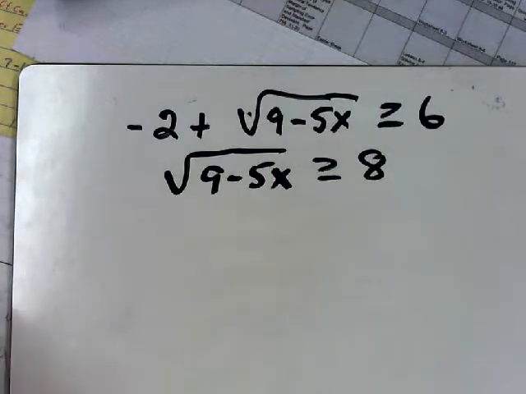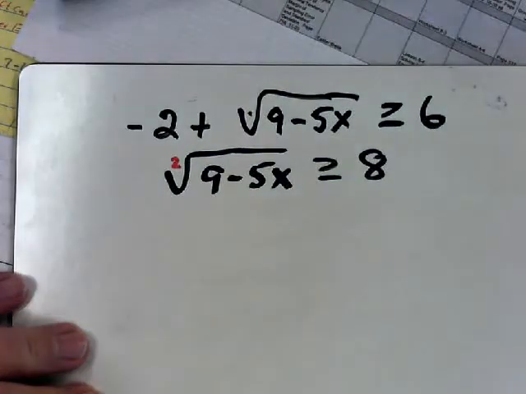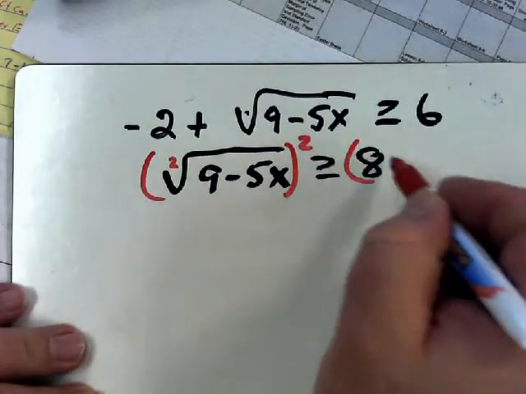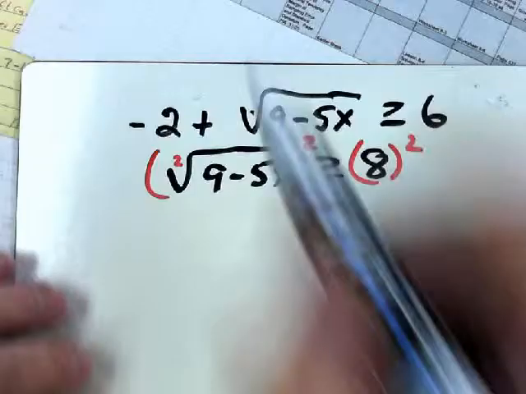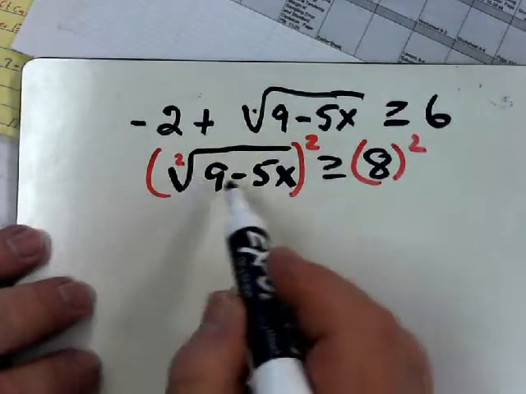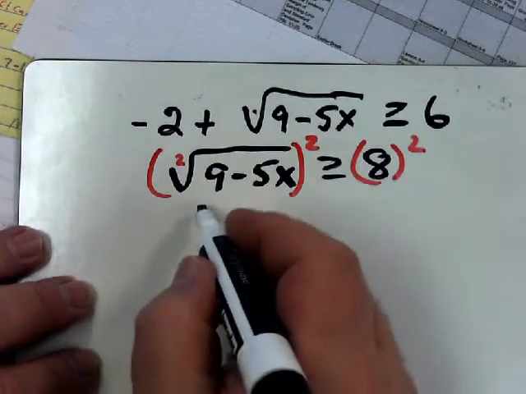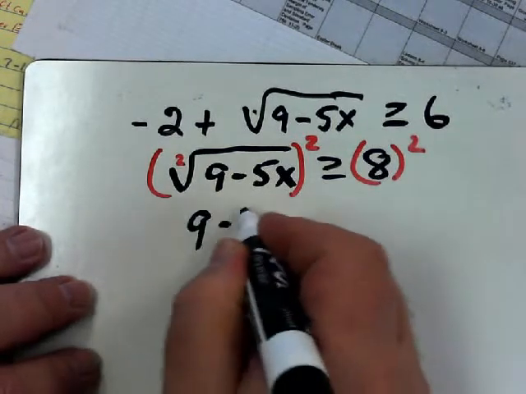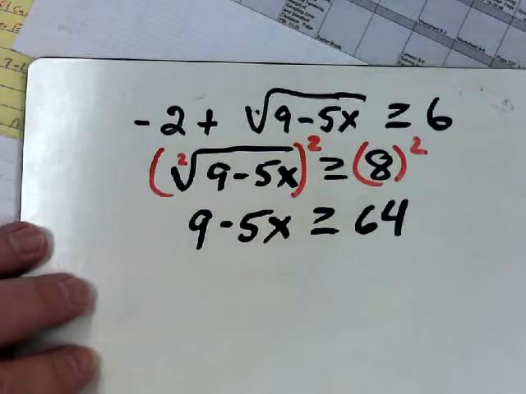Now, to get rid of this radical, the index here is 2, isn't it? That means I need to square both sides. So when I square this, what do I get? 9 minus 5x is greater than or equal to 64. And 8 squared is 64.